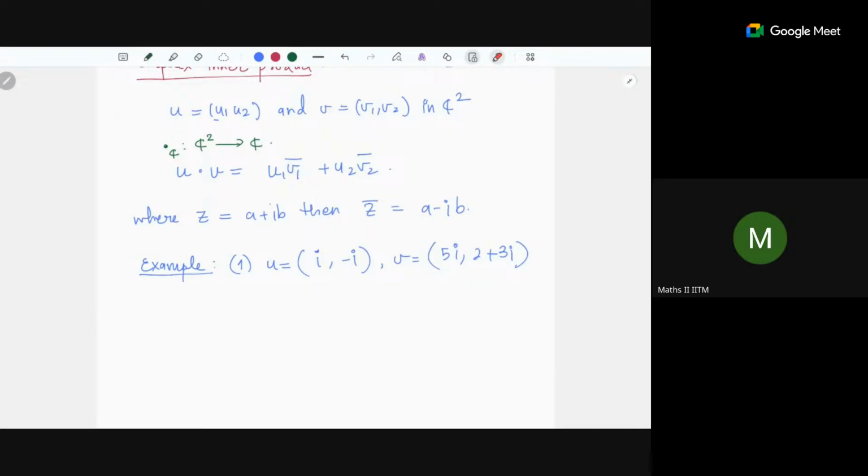So suppose u is equal to (i, -i), and v is equal to (5i, 2 + 3i).